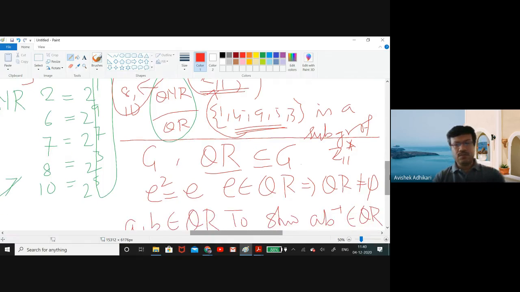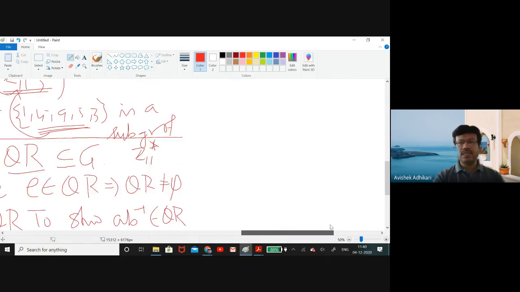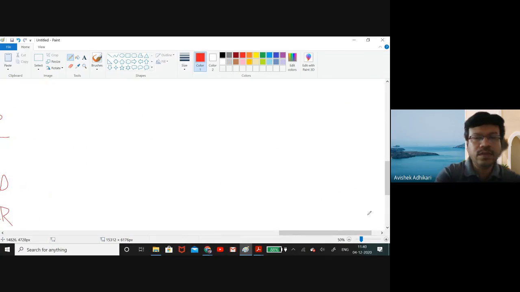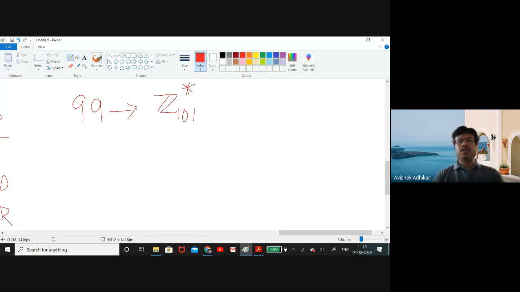Okay. Now the question is, how do I check this for a group like Z11 star? I have exhausted all the elements. But if I ask you the same question, say for example I give you 99, and ask whether 99 is a quadratic residue in Z101 star, one way could be to explore all the elements, 100 elements, and check whether 99 has a square root or not.